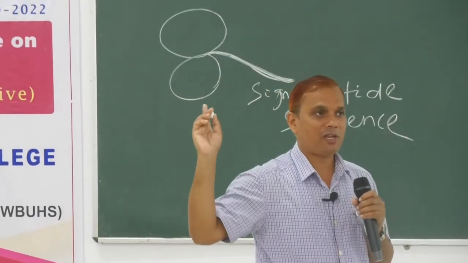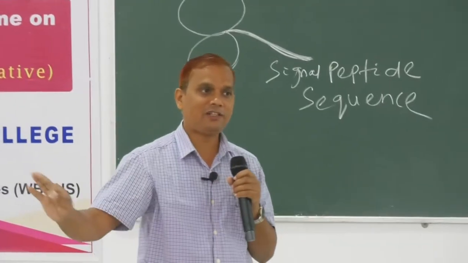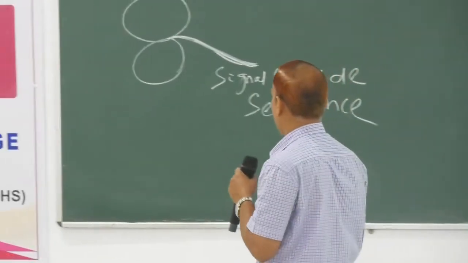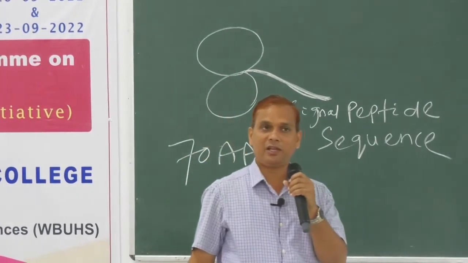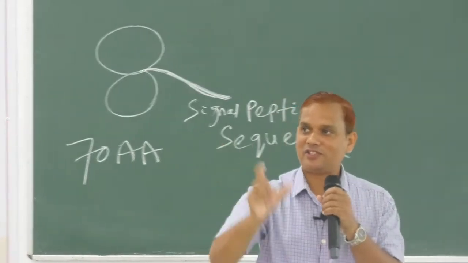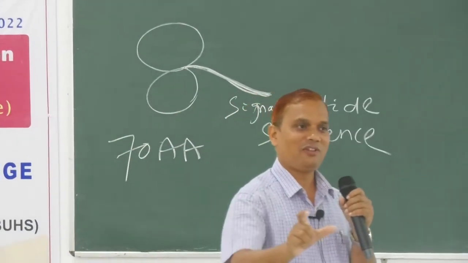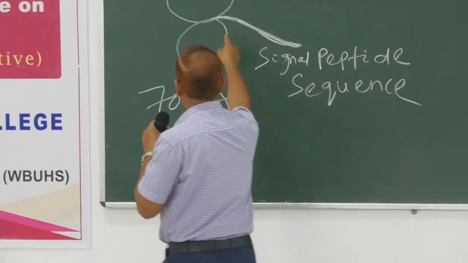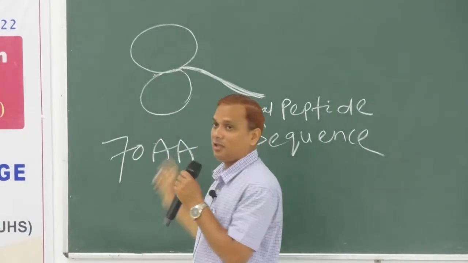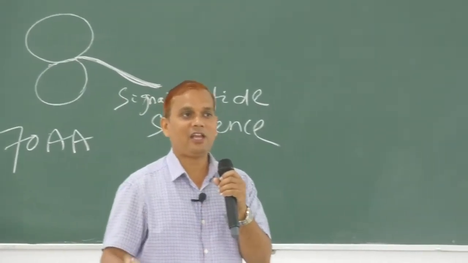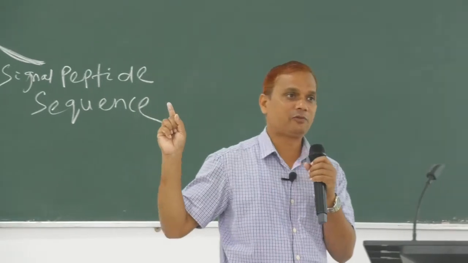The N-terminal signal peptide sequence is near about 70 amino acids in length. Of that, near about 30 amino acids form the signal peptide sequence, and another 40 amino acids of the protein are inside the ribosome. So the total length is near about 70 amino acids. Understood?